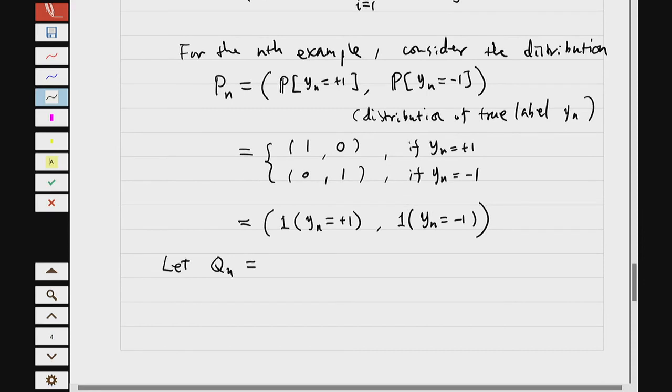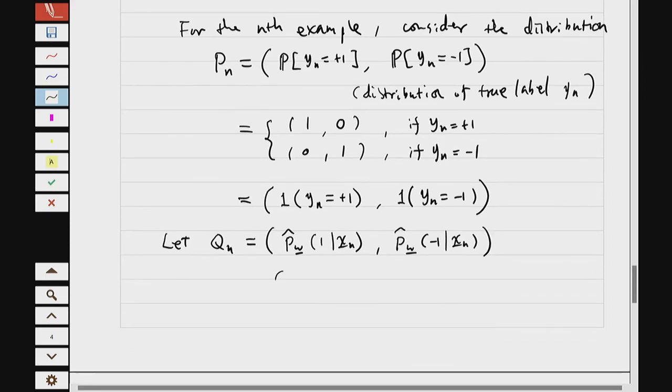So let this equal the distribution for our line: the probability that it is 1 given xn, and then we also have an estimate for the probability that it is -1 given this xn. So this is our estimate for the distribution of Yn given xn.